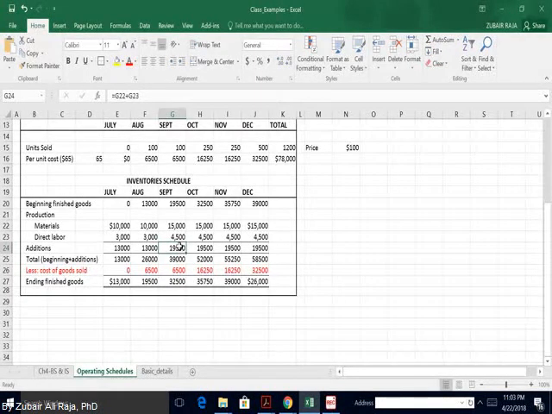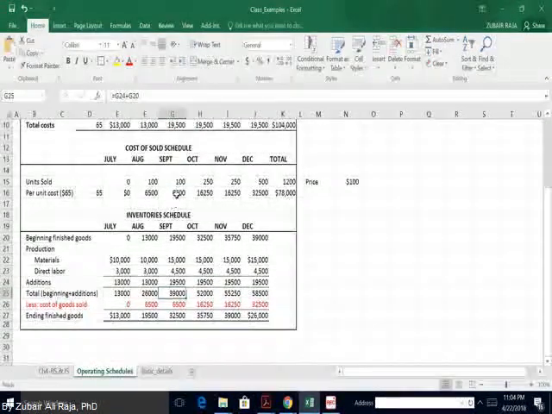So if you add both of these together, 19,500 produced during September and the 19,500 available at the beginning of September, the PSA Corporation has new available finished goods to sell worth $39,000.